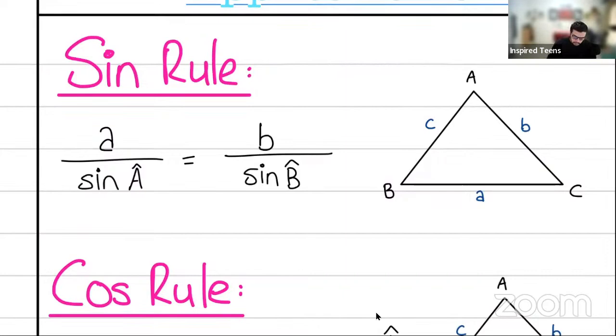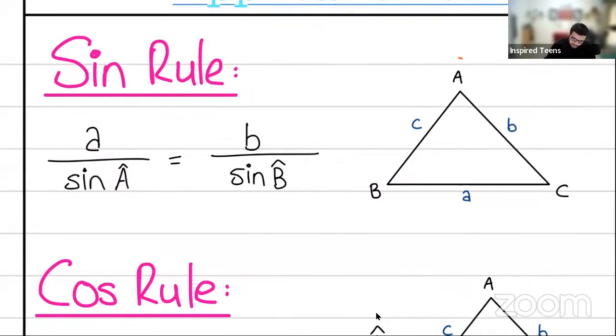So we are taking the sine of an angle. We start off with a side, any side, the length of that side, and then we divide it by the sine of the angle opposite to that side.